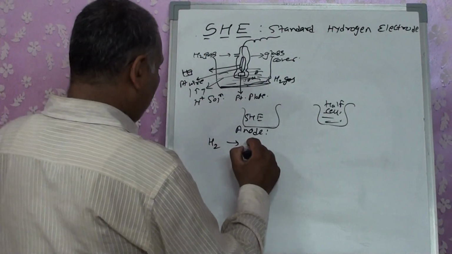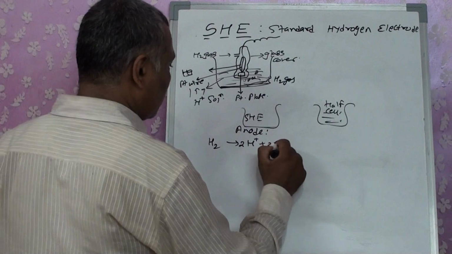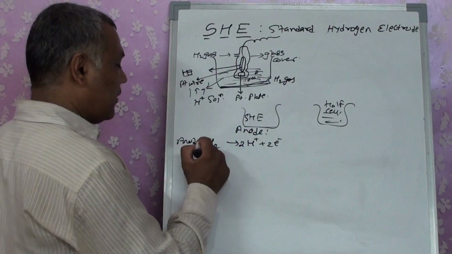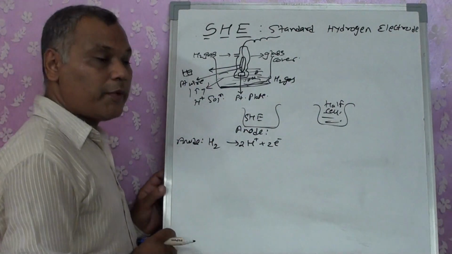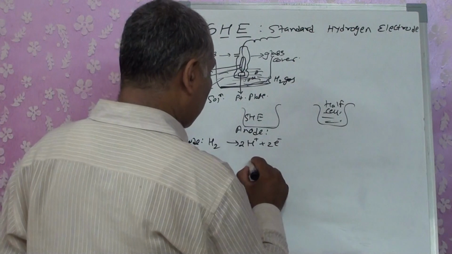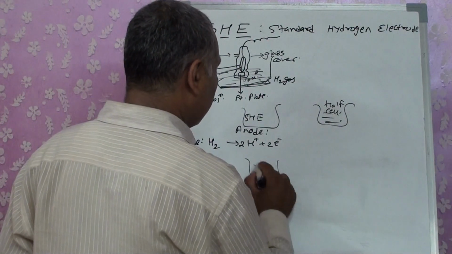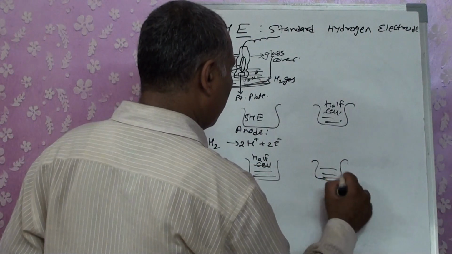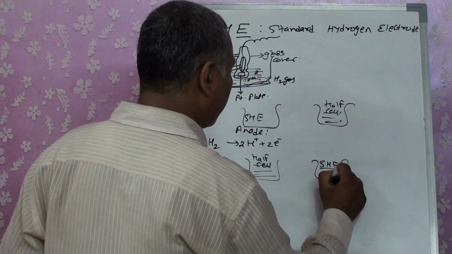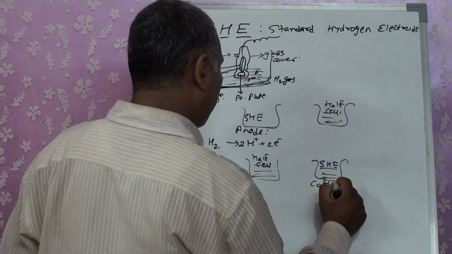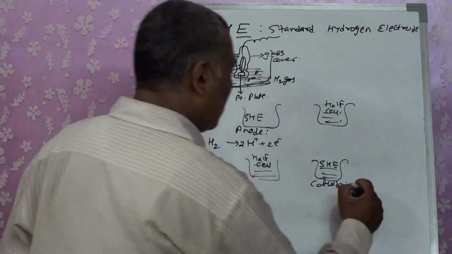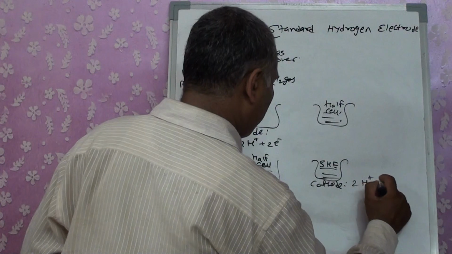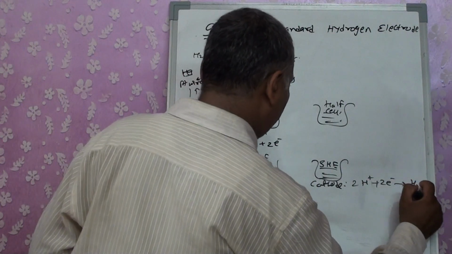H2 gets converted into 2H plus plus 2e. But if we have a half cell connected to the standard hydrogen electrode where the hydrogen electrode acts as a cathode, then at the cathode the reaction is 2H plus plus 2e gets converted into H2.